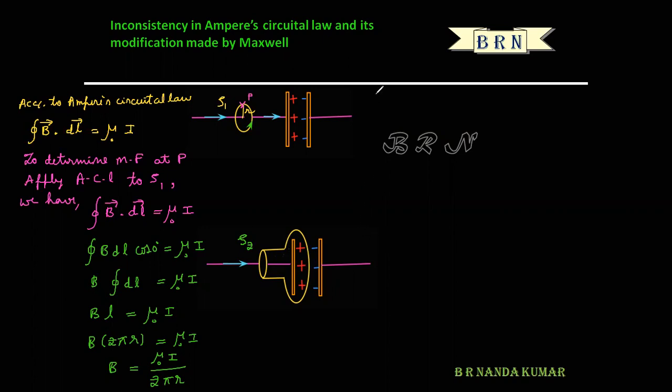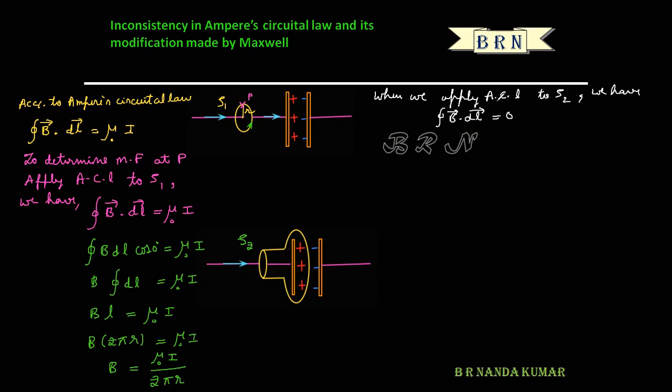So when we apply Ampere's circuital law to S2, we have the integration of B vector dot dl vector equal to 0.